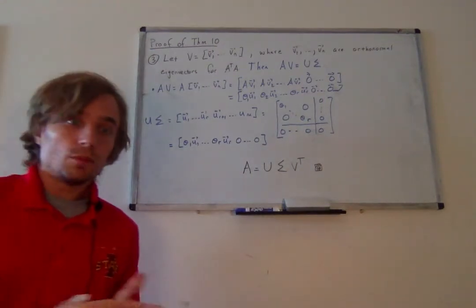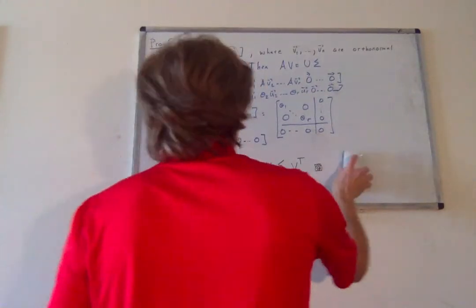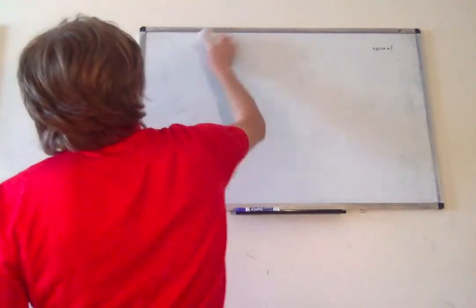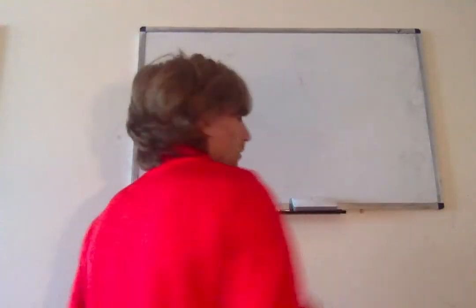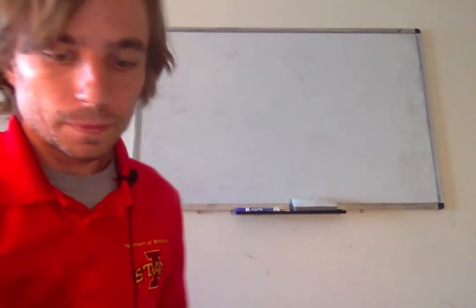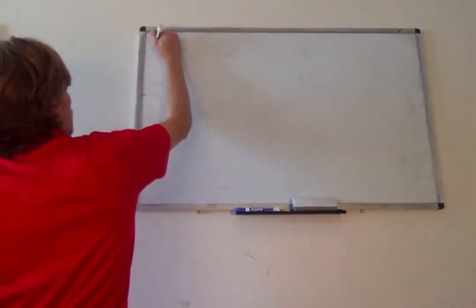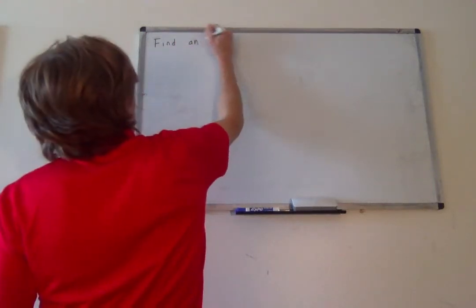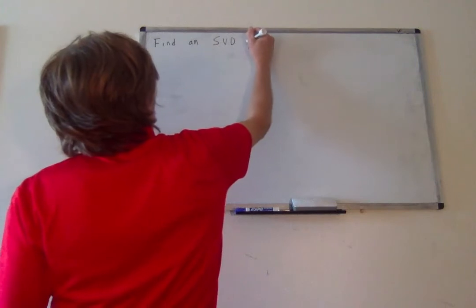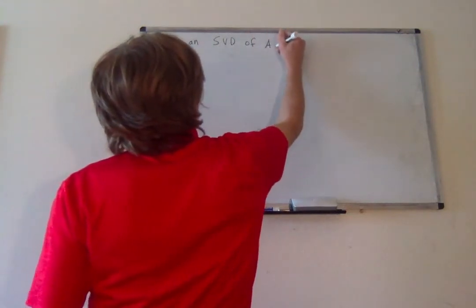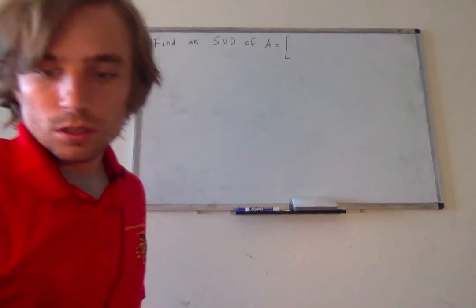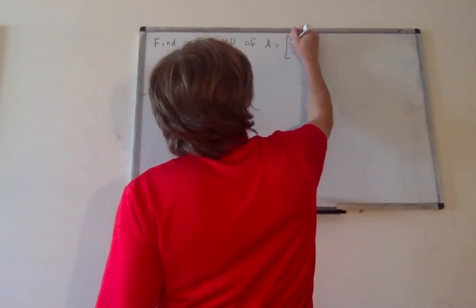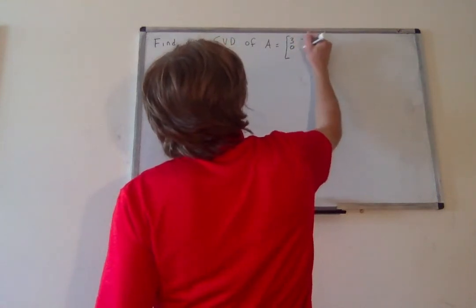So I just want to wrap this up with calculating a singular value decomposition of a matrix. We're going to say find an SVD of the matrix A equal to 3, negative 3, 0, 0, 3, negative 3, 0, 0, 1, 1.